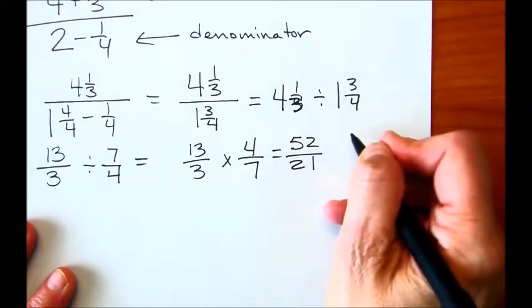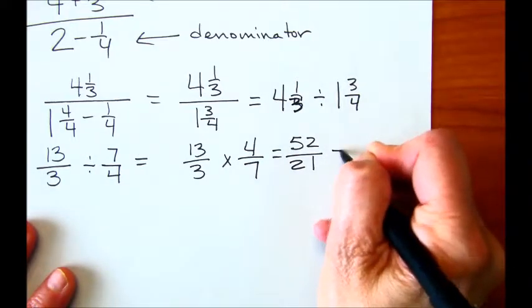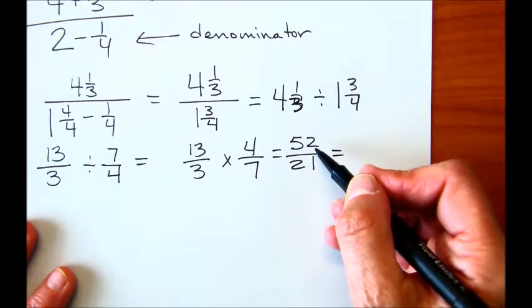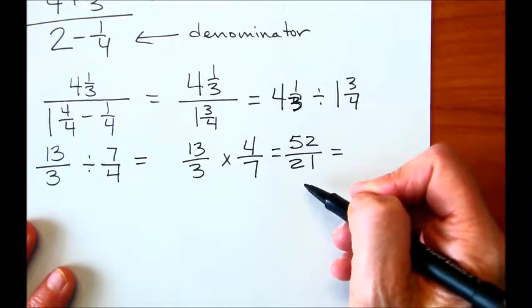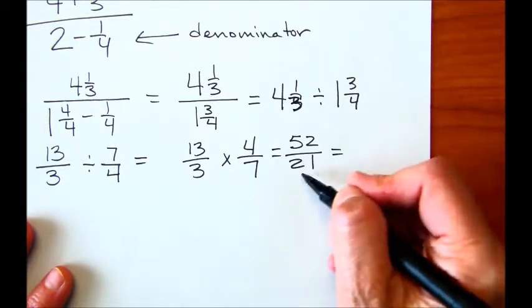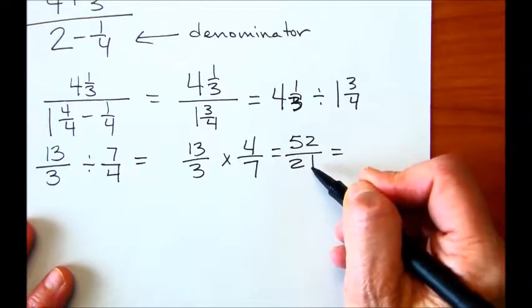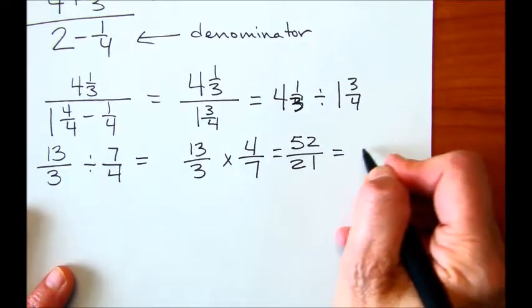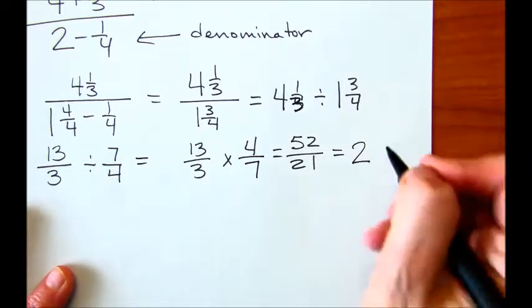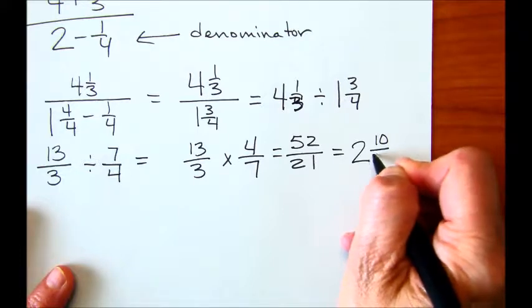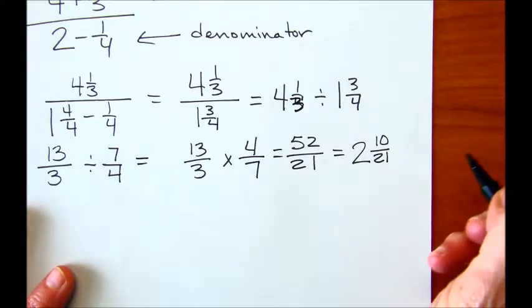Now this is improper, so we have to figure out how many times 21 goes into 52. Let's try to do a little mental math first. 21, double that, that's going to give you 42. Now 52 is only 10 more, so I'm going to say that it goes in twice, and we have 10 left over. So 2 and 10 21sts.